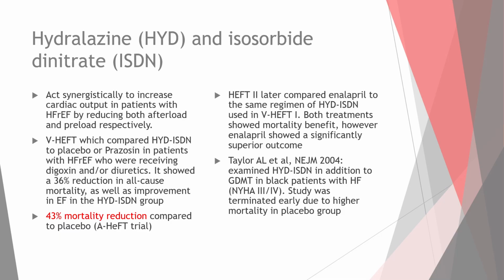I'm going to quickly skip through BiDil, but hydralazine with isosorbide was utilized and studied, and showed genuine effects on morbidity and mortality in Black patients. The patients that were studied in the group were never subdivided into African Americans or Afro-Caribbeans or Africans, hence the overall encompassing group.